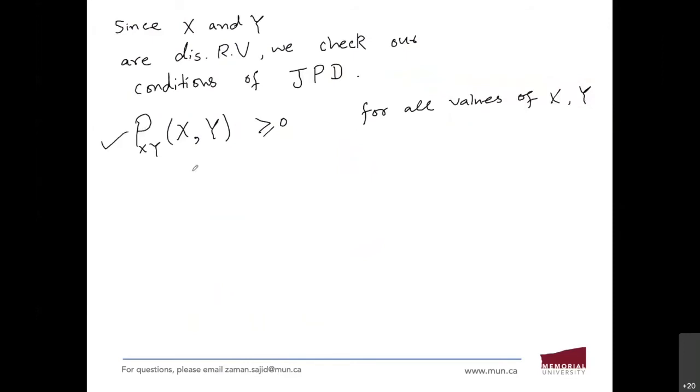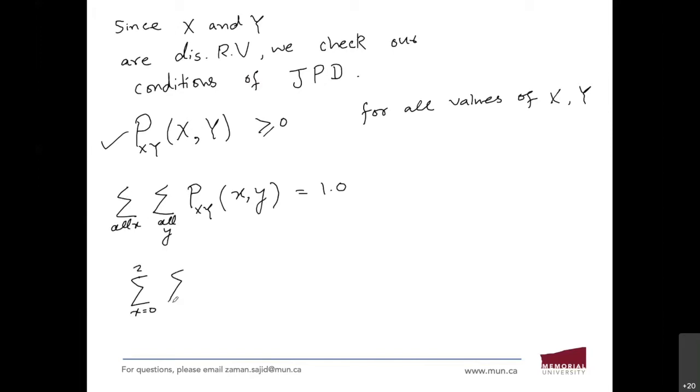Now let's check the second condition. The second condition was the sum over all x and all y of P of xy equals 1. Now for x, you know it is starting from x equal to 0 and it is going up to 2.